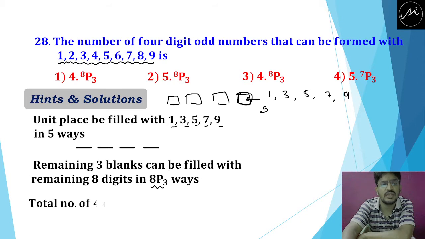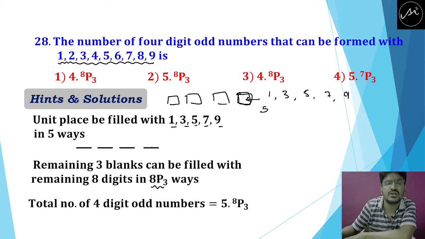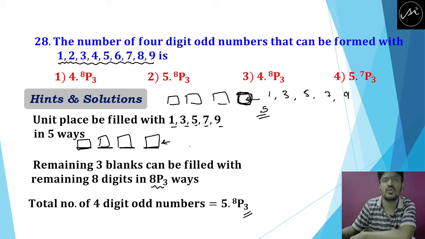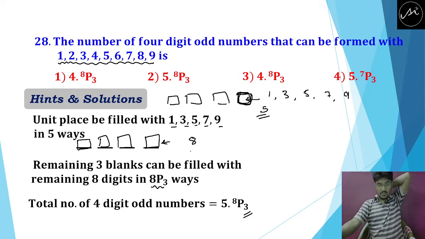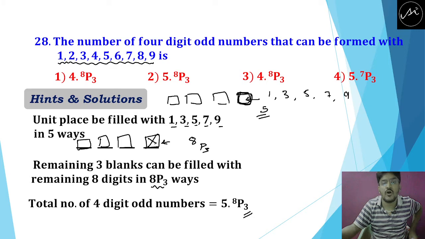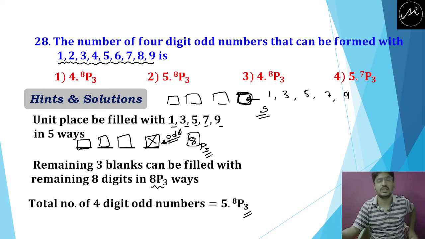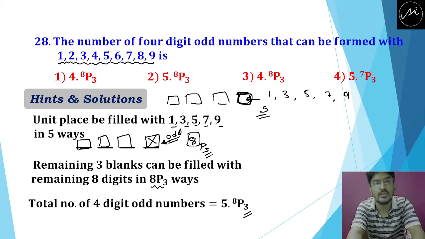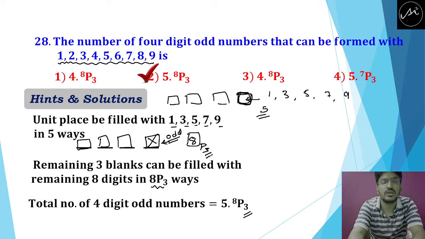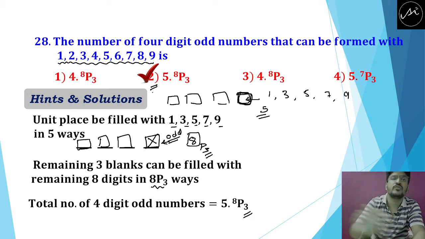So the total number of 4 digit odd numbers is 5 ways into 8P3, because these 3 places have to be filled and one digit is already used, so you see the remaining 8 numbers, out of which you have to use 3, because the odd digit is fixed in the last place. So in the remaining 3 places you have to fill out of these 8. So 8P3 will be the right answer. Clear? So option 2 will be the right answer.